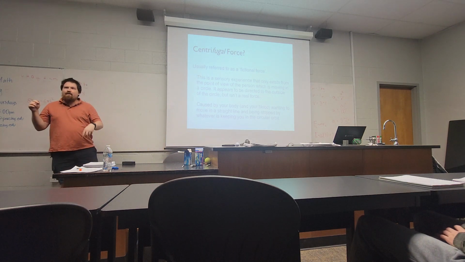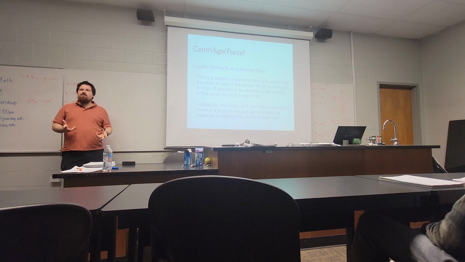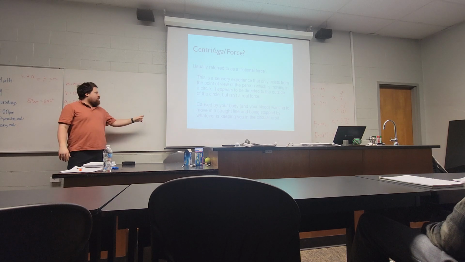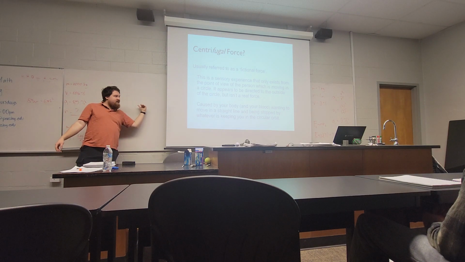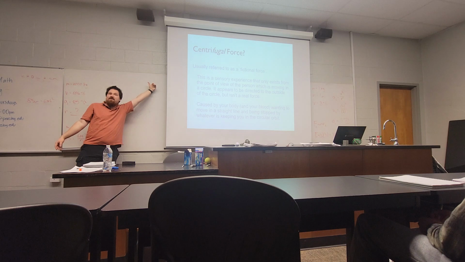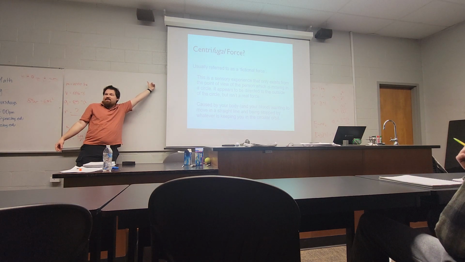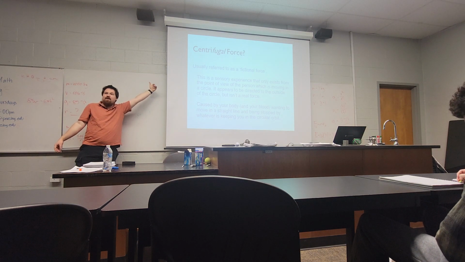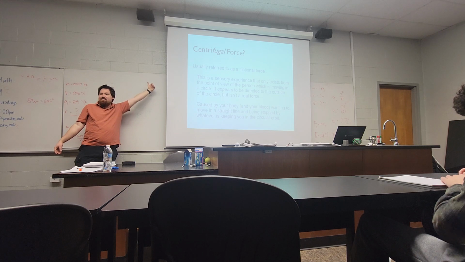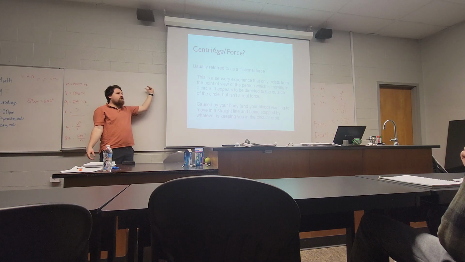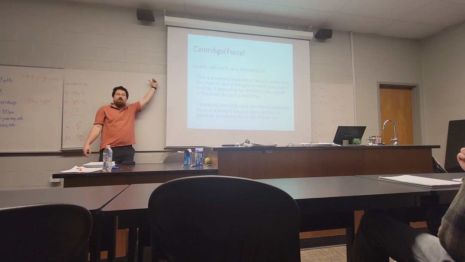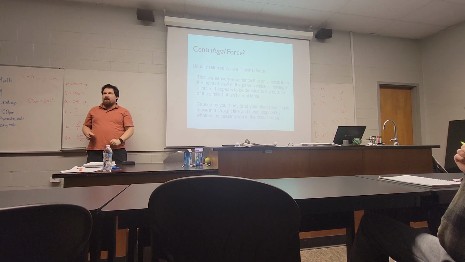And what ends up happening, why you feel like there's a rightward force, is that your blood tries to go this way, and it then pushes in this direction against your skin. Because it's trying to escape. Your blood's trying to leave your body. Because it has its own inertia. And since it has its own inertia, since it's pushing rightward on your skin, that's what you end up feeling.